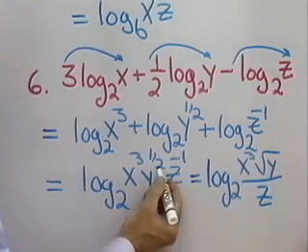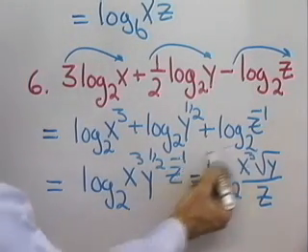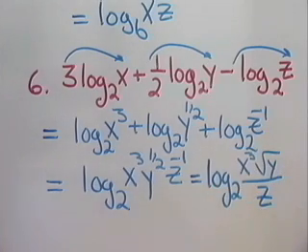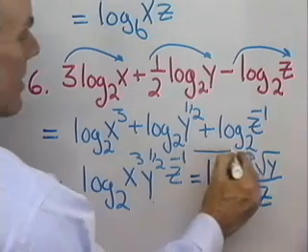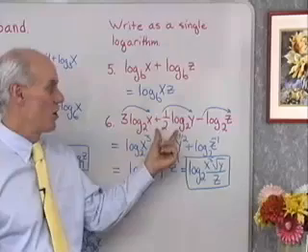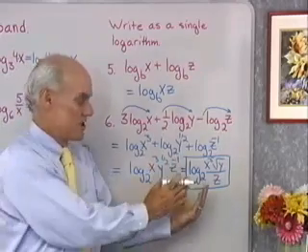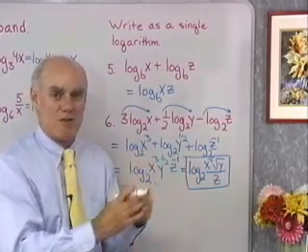So notice my exponent of 1/2, I write it as square root y. My exponent of -1, I make the reciprocal of the base, so it's 1 over z. And here I have a single logarithm that's equal to this original, more complicated expression.